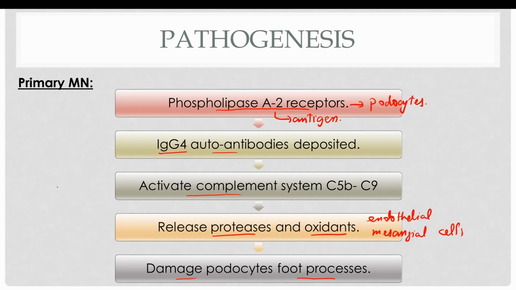IgG4 autoantibodies are different in a way that they do not recruit the inflammatory cells. Rather, the damage is caused by the proteases and oxidants released from endothelial and mesangial cells. So there is paucity of inflammatory cells. The damage to the foot processes results in increased protein leakage into the urinary space and results in proteinuria.